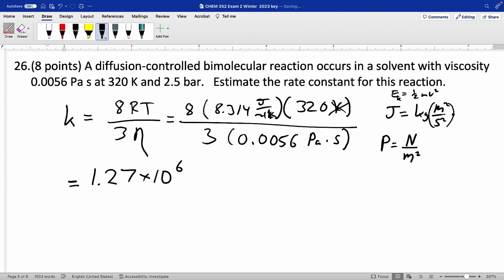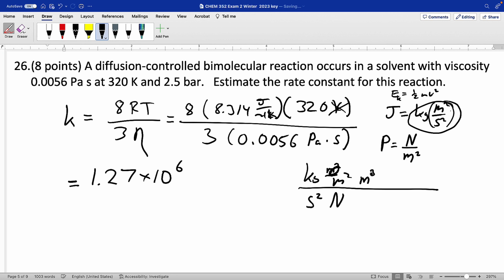So if we think of a Newton, so we can go ahead and let's cancel that. So if we take our joule, we've got kilogram meter squared, and let's just go ahead and put the meter squared up here and the second squared on the bottom. So we're taking care of our joule. If you've got a joule, and on the bottom we have pascals. So let's put a Pascal down there so we know it's a Newton per meter squared. And let's just say what a Newton is. You can always remember what a Newton is if you use F equals ma as your mnemonic, because then a Newton is going to be a kilogram meter per second squared, right?